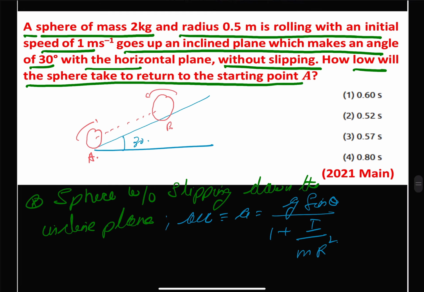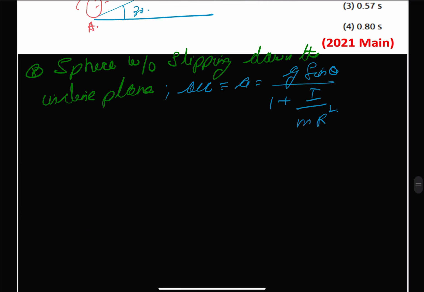And as we have a solid sphere, our I will be equal to 2 by 5 mr square. So from here I upon mr square is equal to 2 upon 5.